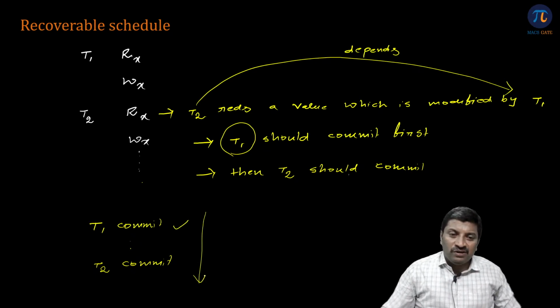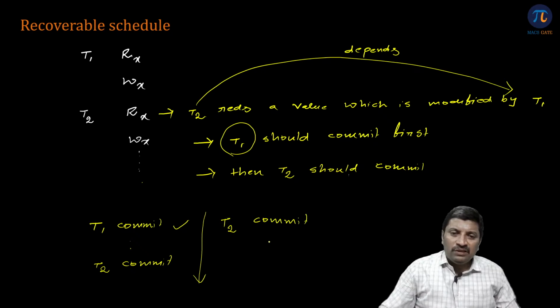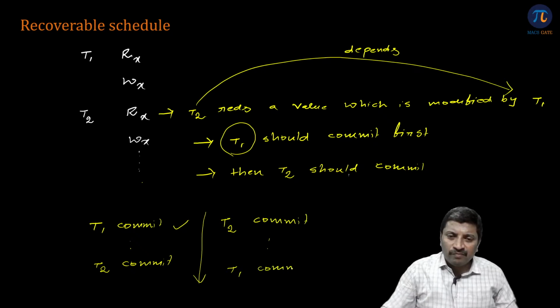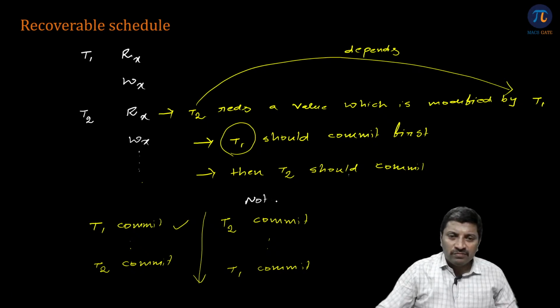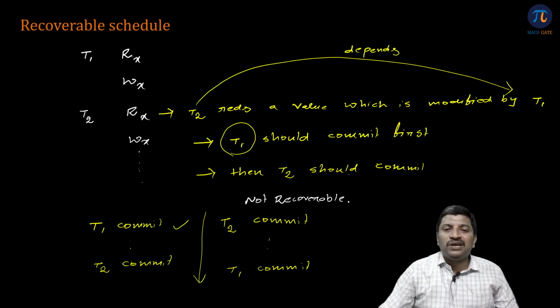Instead of this one, suppose I have T2 commit first. Then after some time, T1 committed. Now this is not recoverable, sir. The second one is not recoverable. Why not recoverable, sir?